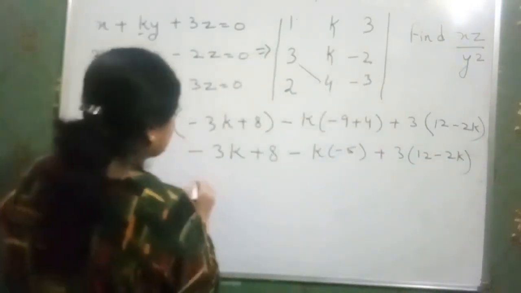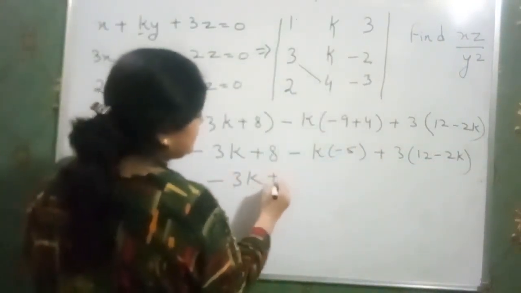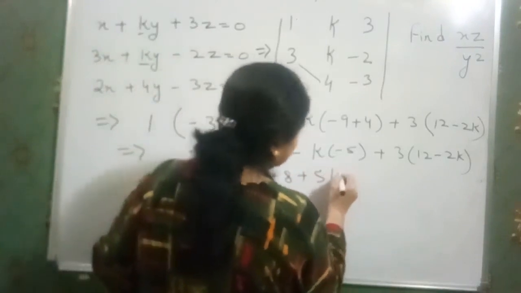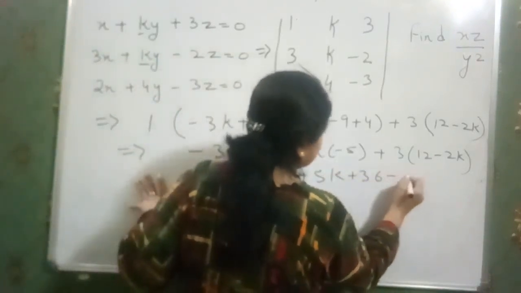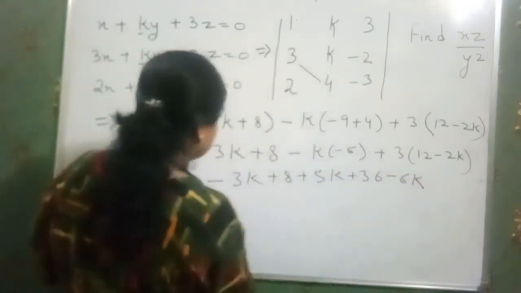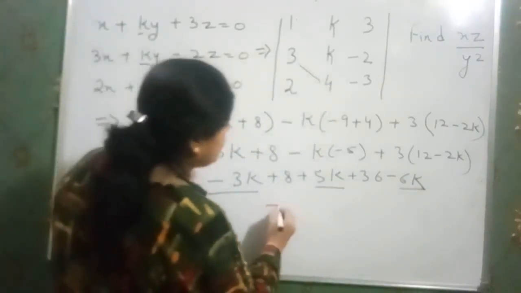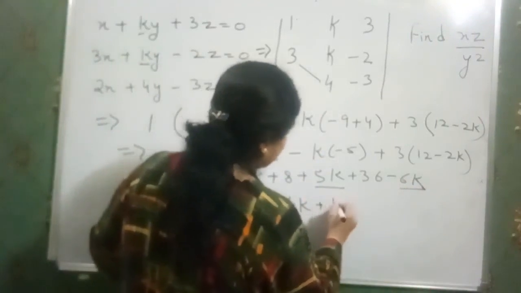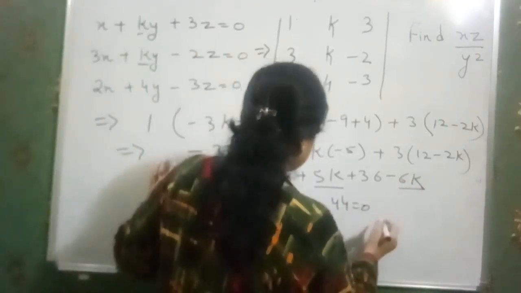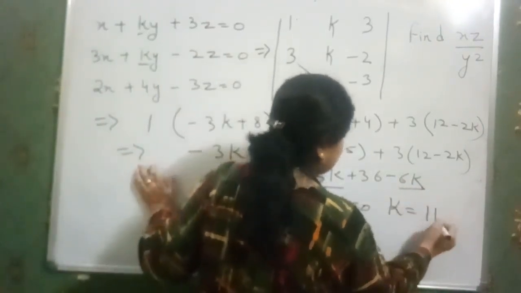Okay, so we have minus 3k plus 8 plus 5k plus 36 minus 6k. Clear? Now this is k, and this is k. So we have minus 4k plus 44 is equal to 0. So the value of k is equal to 11.